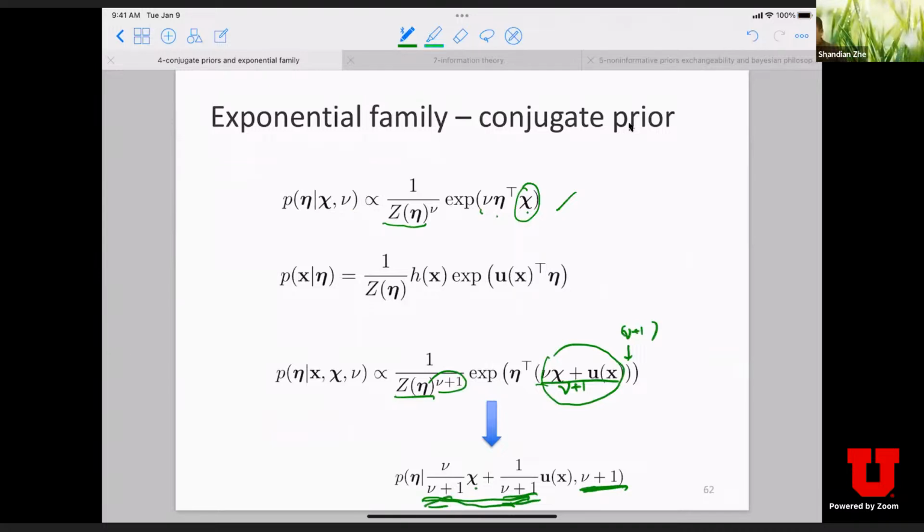Kappa is weighted by nu over nu plus 1, and the new data is weighted by 1 over nu plus 1. This is where the data information comes in. Of course, here you only observe one example, so it looks like your data information doesn't take too much weight. But if I observe many examples, this part can take a lot more weight and kind of dominate.